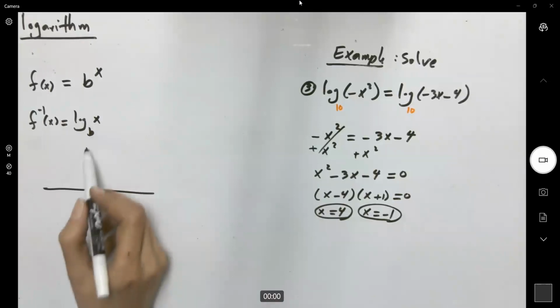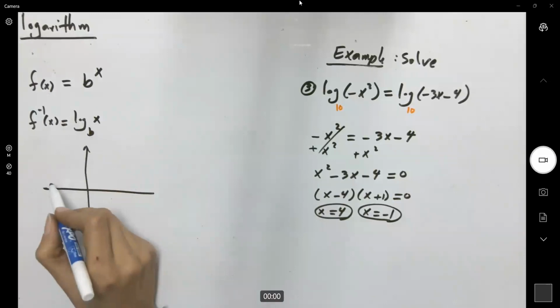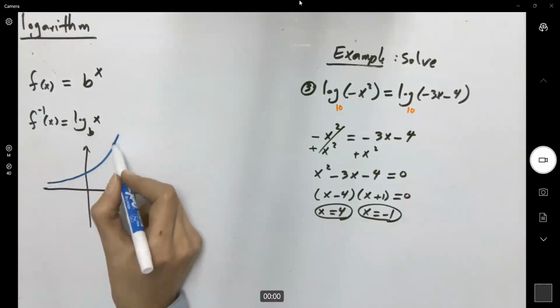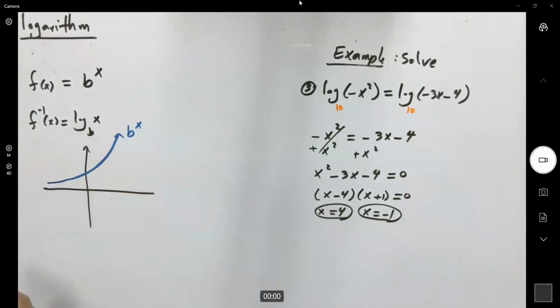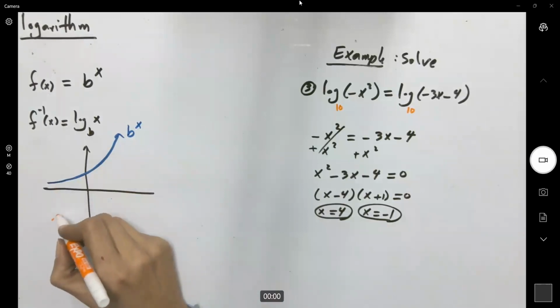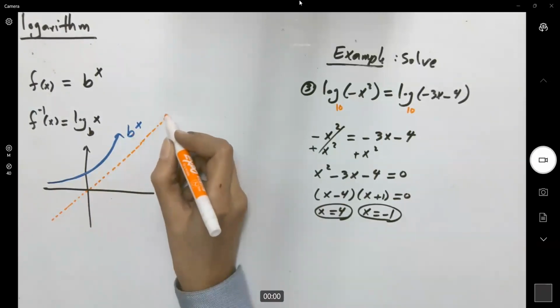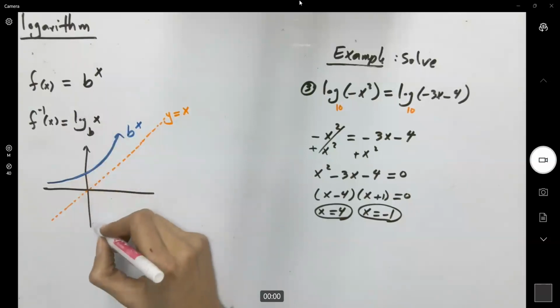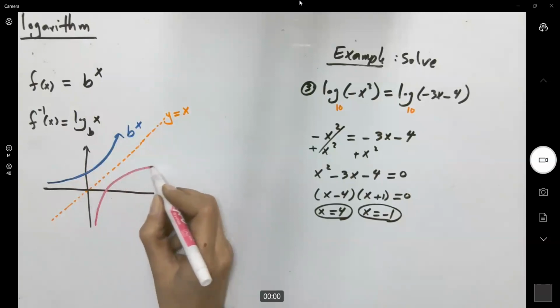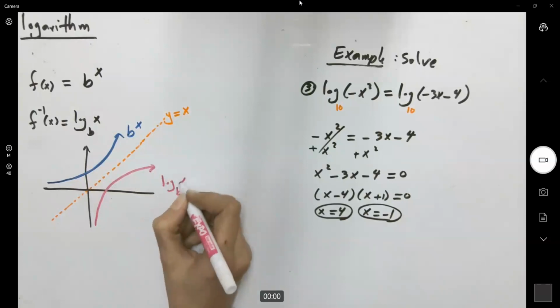Remember that when you're graphing a function and its inverse, suppose b is larger than 1, this is b to the x, their graphs are mirror images of each other with respect to the line y equals x. So the inverse of b to the x, which is your logarithmic function, is here, log with base b of x.